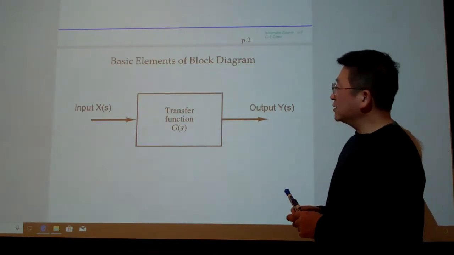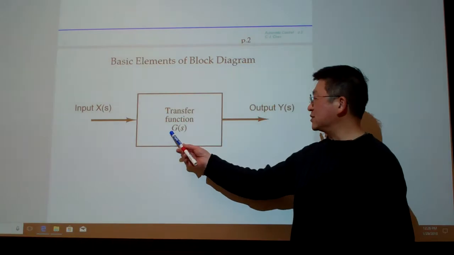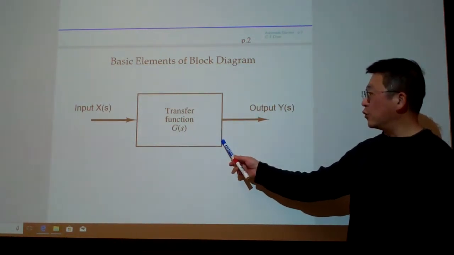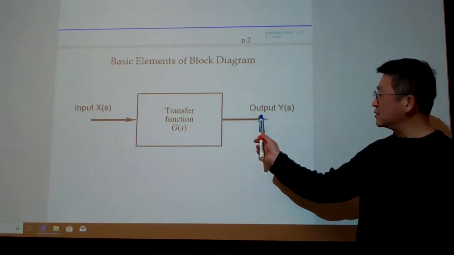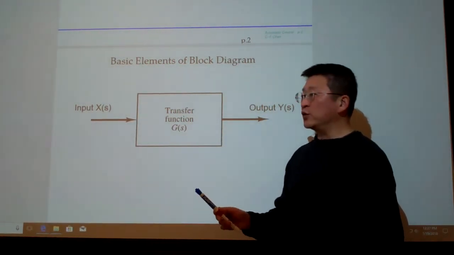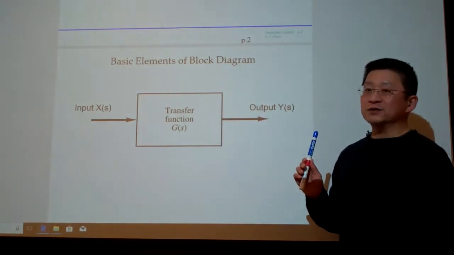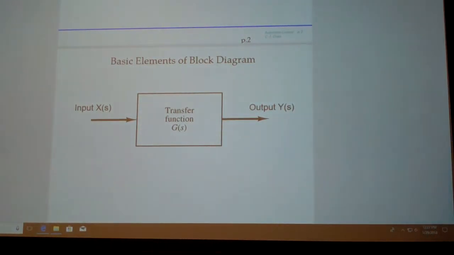Here is the input, and this is the output. We define this as a single block, and in this configuration, this block describes the relation between output and input. So this block is also the transfer function. Okay, and that is the basic element of the block diagram.